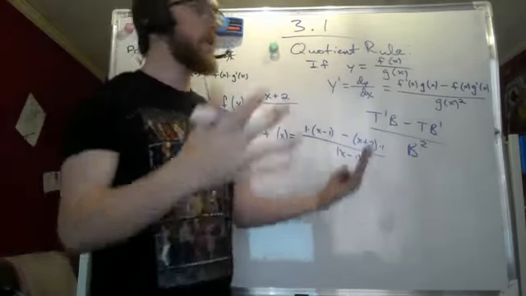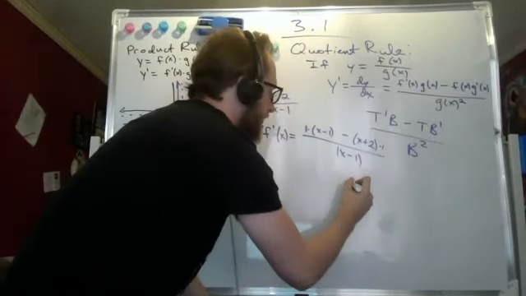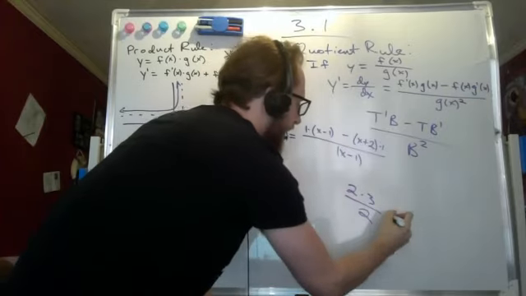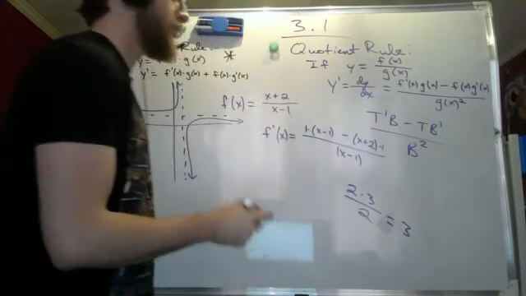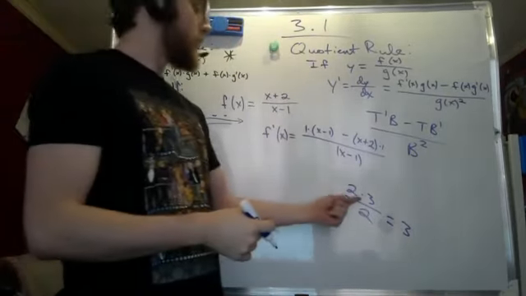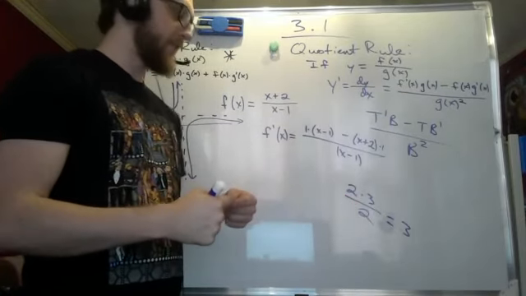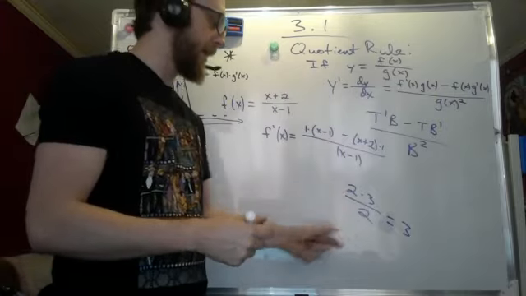Why? Well, think about it. If we go to regular numbers, if I have 2 times 3 divided by 2, then yes, I can cancel that. That's just 3. That's because multiplication and division are the inverses of each other. They cancel each other. That's why 2 can divide out.